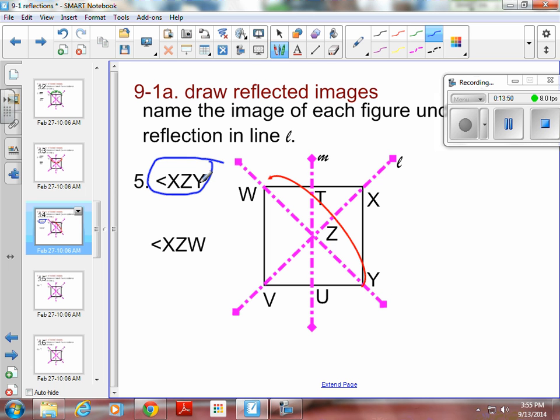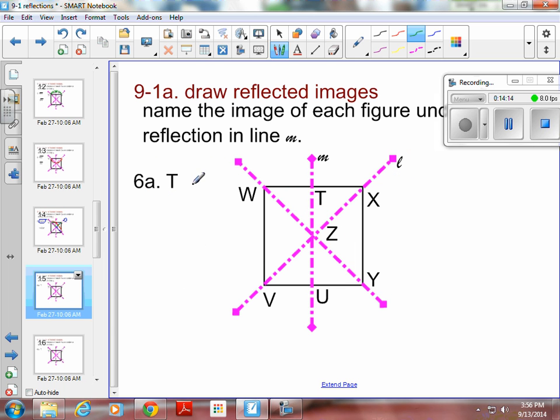X, Z, Y, X to Z to Y. Remember, I'm reflecting it across line L. And then my after one is going to be X to Z to W. Okay, and so I'm just flipping it across this line L.